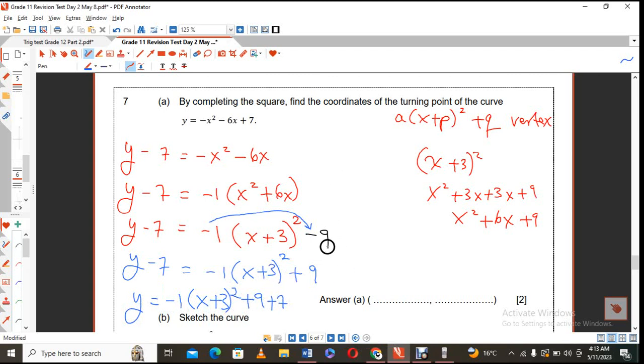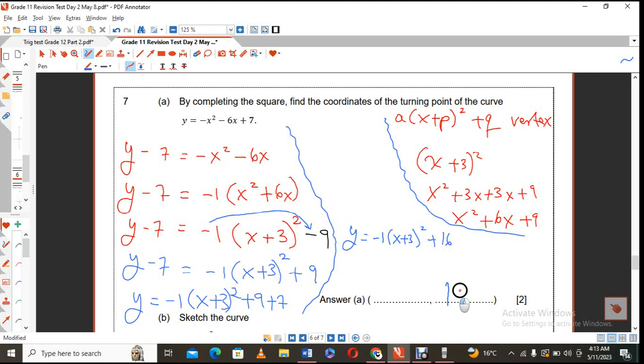If you clean this up, you're going to see that eventually I'm ending with y equals minus 1 times x plus 3 all squared plus 16. 16 will be here, and the turning point is the opposite of whatever that one is inside the bracket.